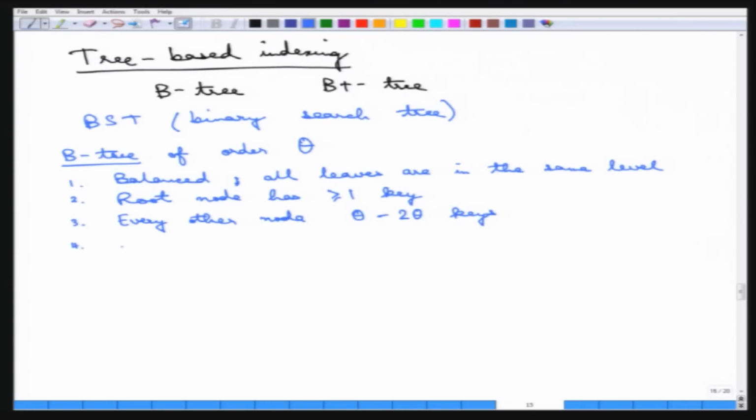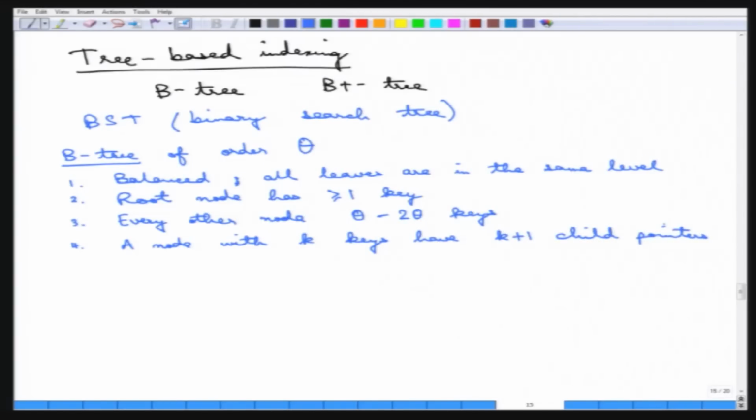And a node with k keys will have k plus 1 child pointers.